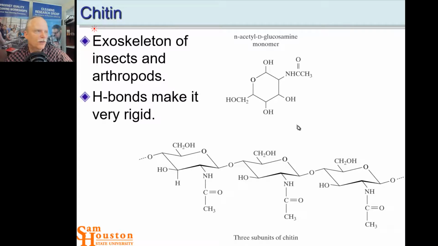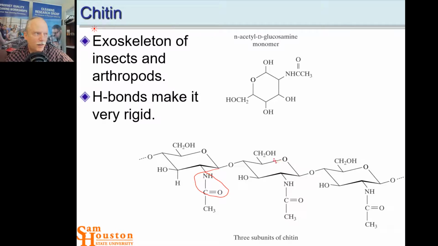One of those that we see is also glucosamine, and this is a cellulosic material that's been modified with an amide linkage. And so here's the amide right here. And this sets up some directional hydrogen bonding that makes this very rigid.